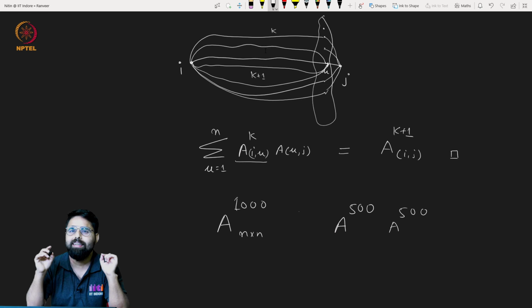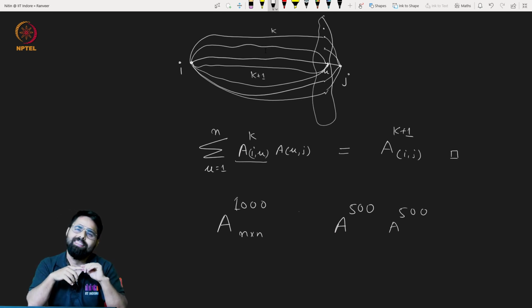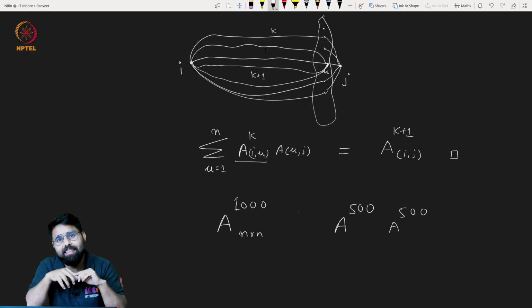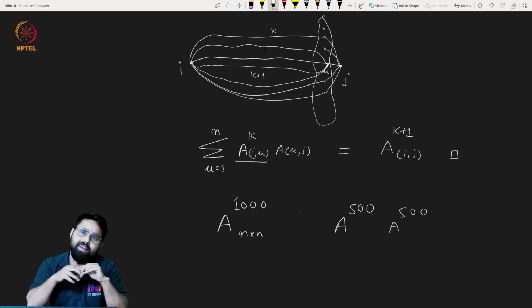For this matrix, eigenvalues and eigenvectors make our life super easy. We will see in the next lecture that eigenvalues and eigenvectors can directly give the number of walks of certain length between vertex i and j.